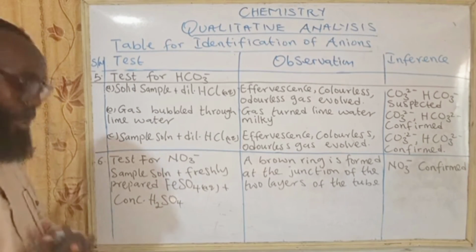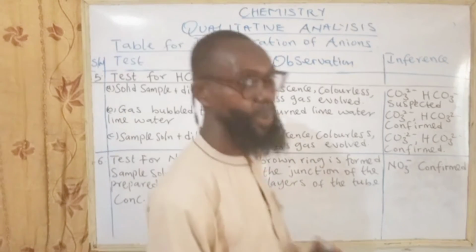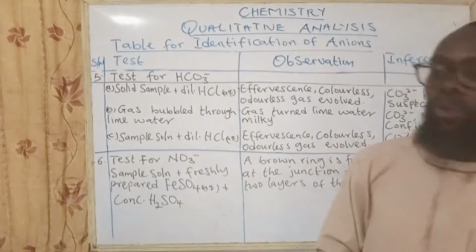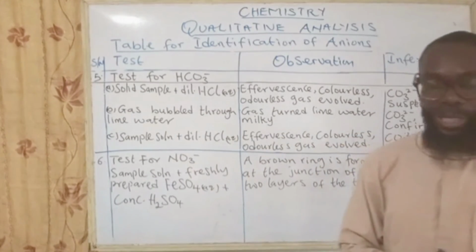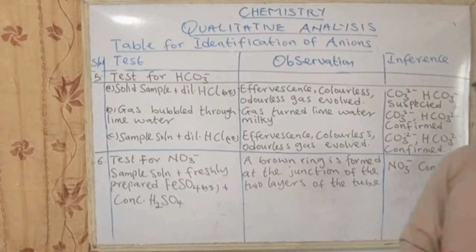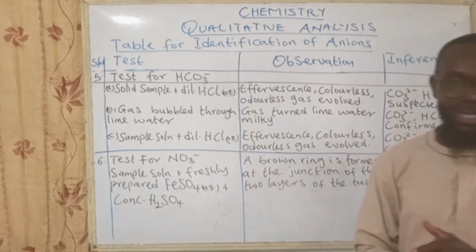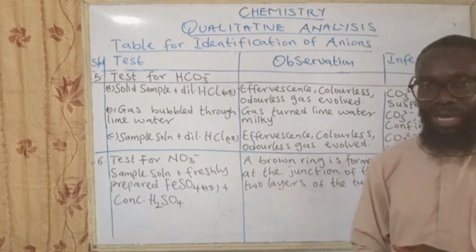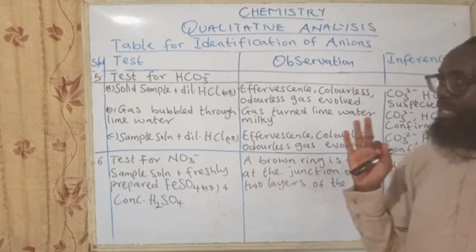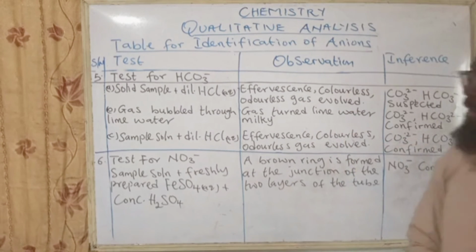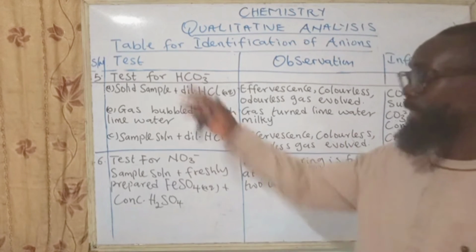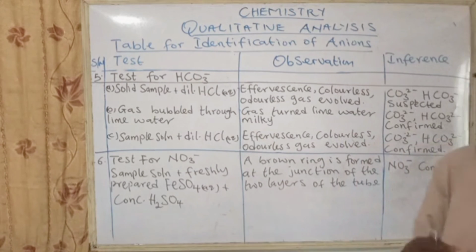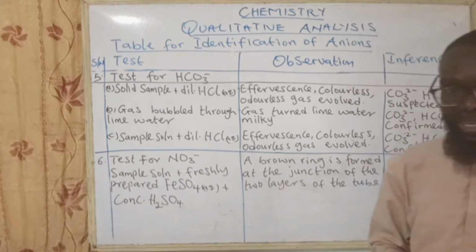So in all this that we have discussed, in our WAEC examination, mostly we will be tested with chloride ion, CO3 2 minus, and SO4 2 minus, and those are the major 3 that we will be tested for. Then sometimes we used to test for HCO3 minus.